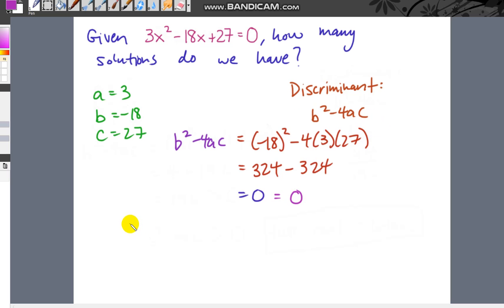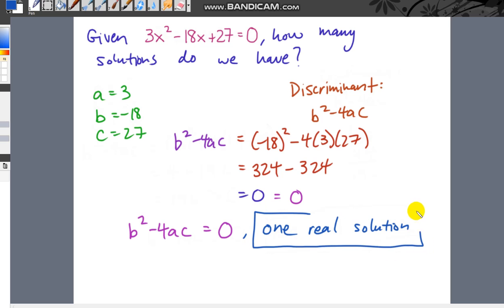And the rule says that if b squared minus 4ac equals 0, and in this case we have 0 equals 0, then we have one real solution. One real solution. Let's check that.